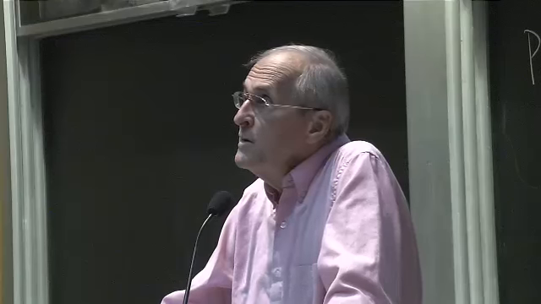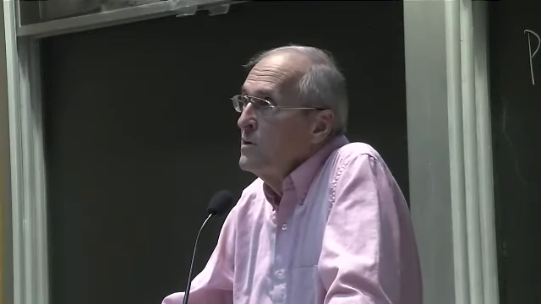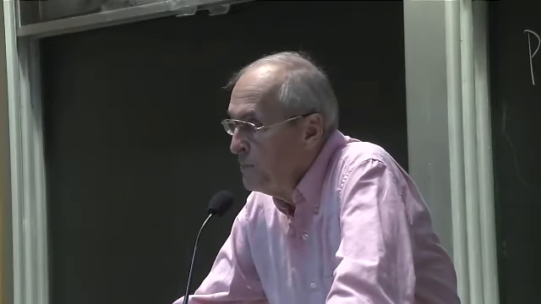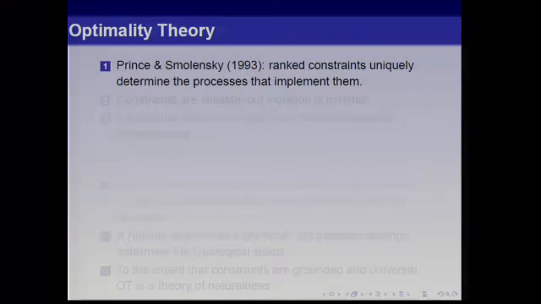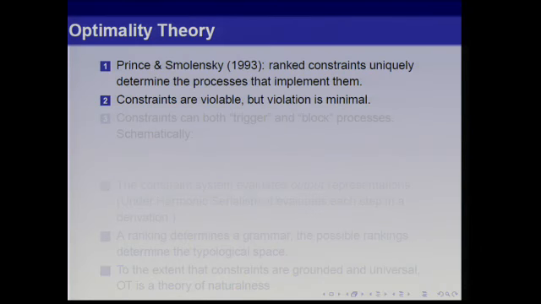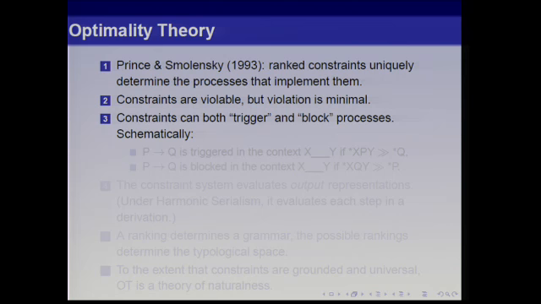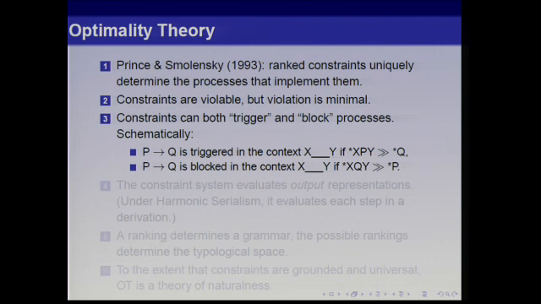And by far the most successful of these new theories that emerged then was, of course, optimality theory, which claimed that ranked constraints uniquely determine the processes that implement them. Constraints are violable, but violation is minimal. So you could do triggering and blocking just by ranking, as shown schematically here.